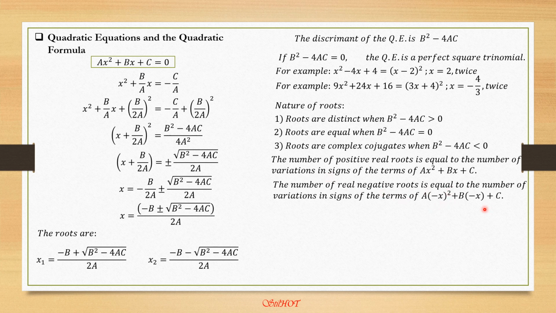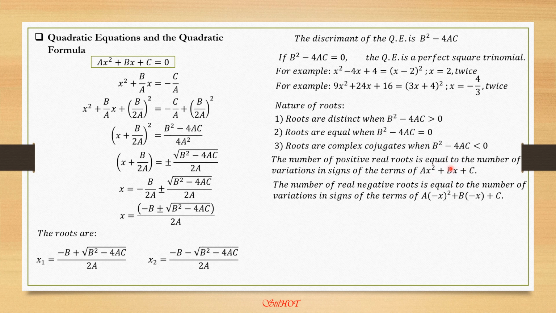Although this is no longer important because for a quadratic equation, there are expected two roots, and they may be all positive, they may be all complex conjugates, so there's no real root, or it may be one positive root, the other is a negative root.